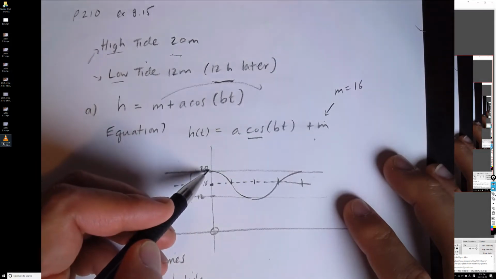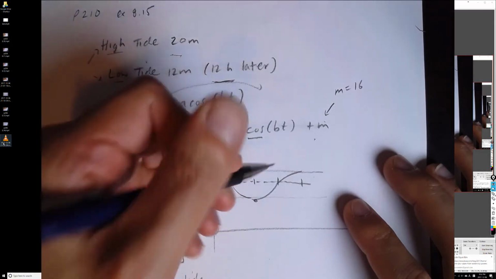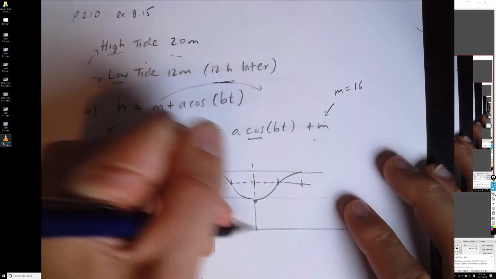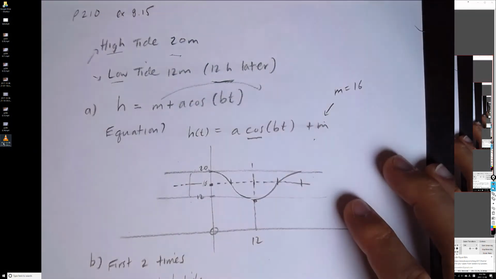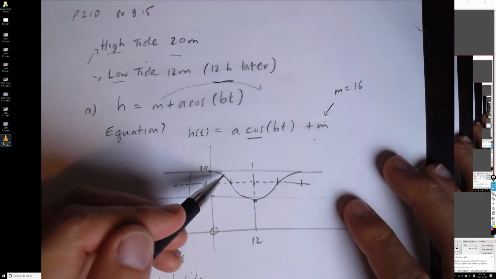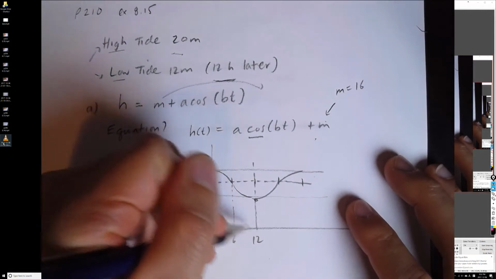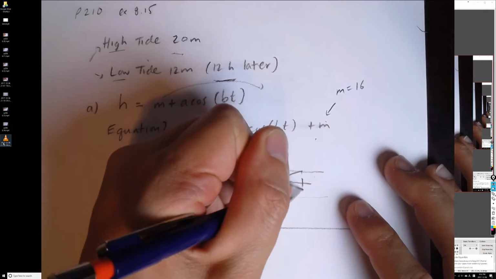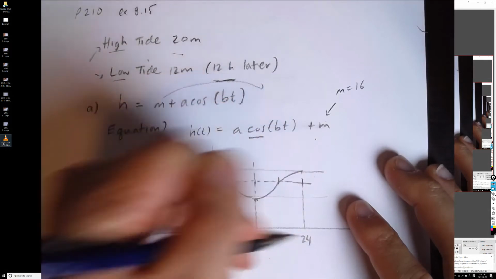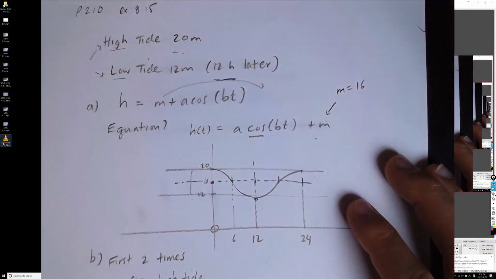So this is going to be low tide over here. So this happens to be 12 hours later. So you can see that every 6 hours we have a quarter circle, which is 6 over here. And 12 plus 12, one full cycle, would be a 24-hour day over here.